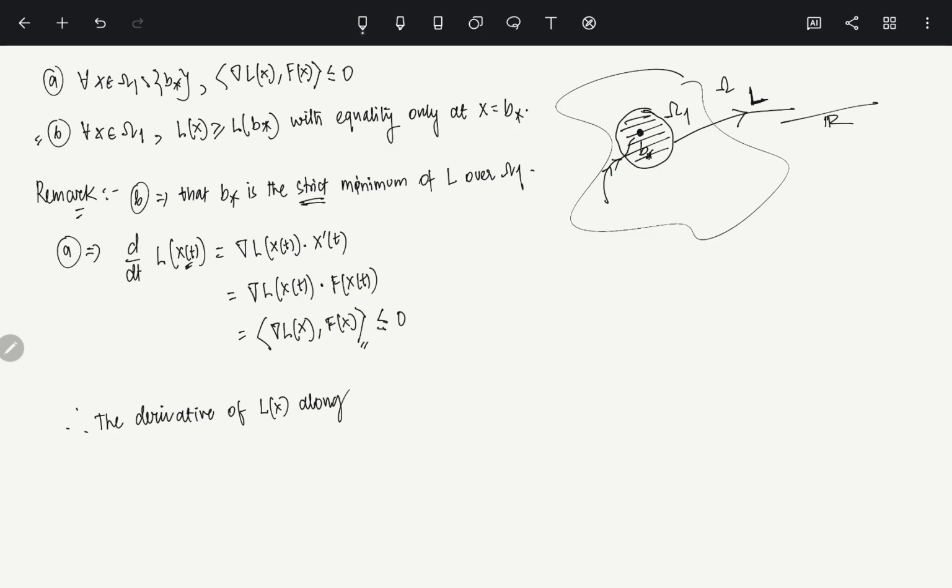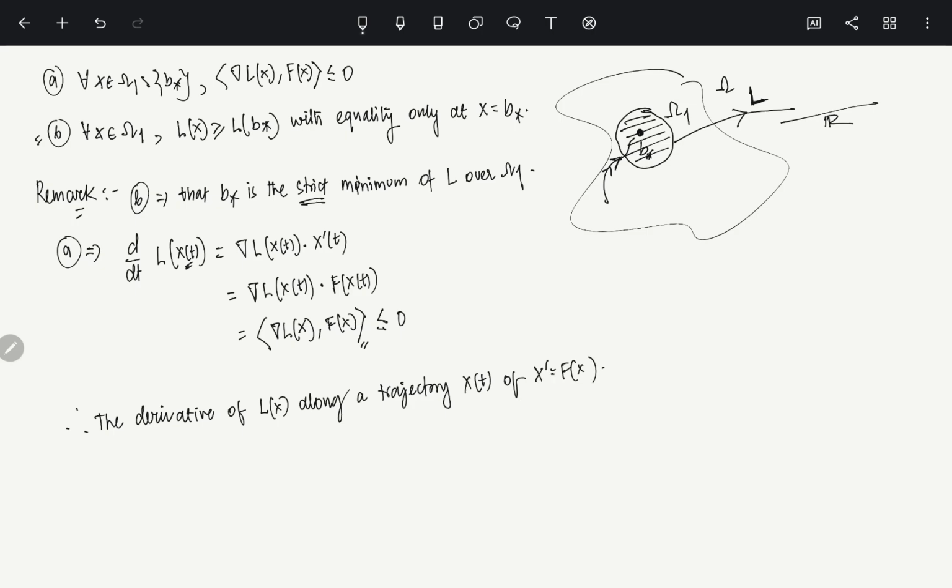If you move along that curve towards b star, L takes its minima at b star, and it is decreasing along the path. So along a trajectory of x prime equals f of x.